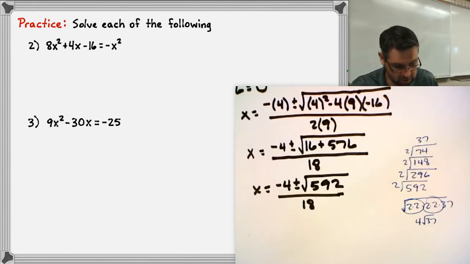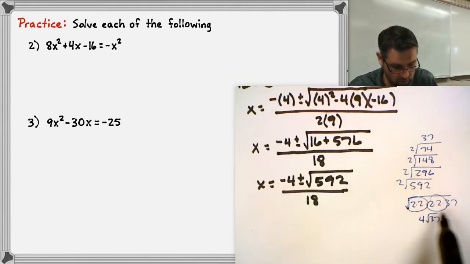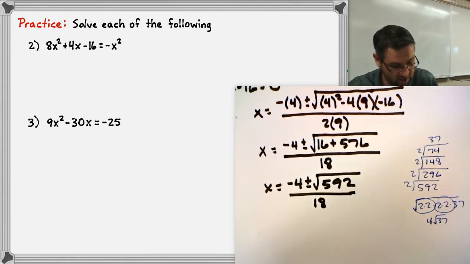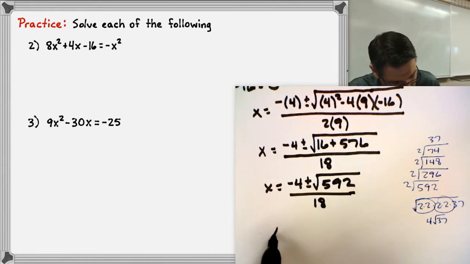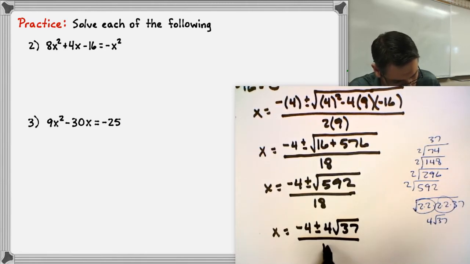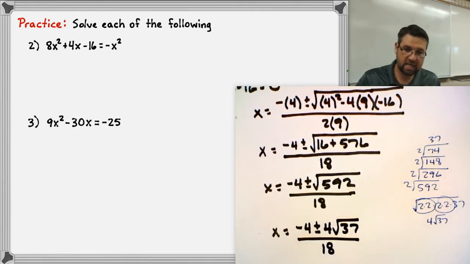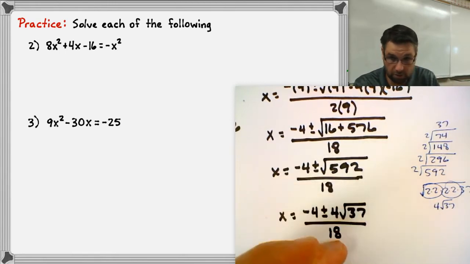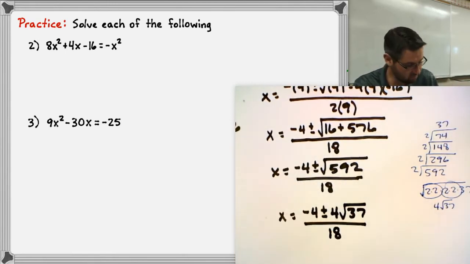Okay? So let's go ahead. Instead of the square root of 592, we're going to write square root of 4 square root of 37. So we're going to say x equals negative 4 plus or minus 4 square root of 37 all over 18. And then from here, we're going to simplify the fraction, and remember we have to reduce both of these, okay, just like we did before.